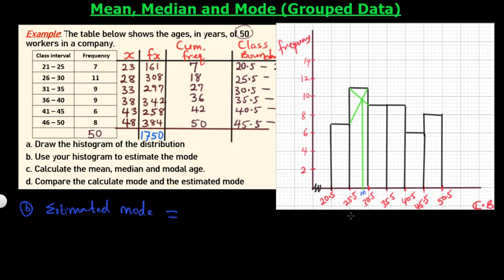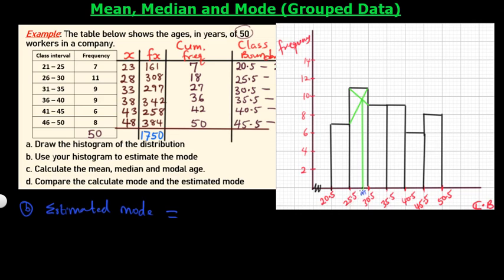equals. Since each of these big boxes is 5.5, if I divide 5.5 by 5 to make it easier for you, that's like saying 1.1. So 1.1, 1.2, 1.3. So we can say it's about 1.35. Now here, add that 1.35 to the lower boundary.